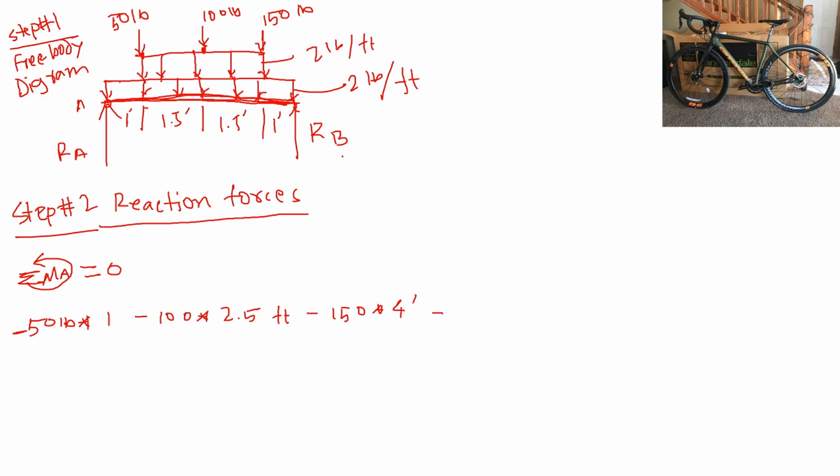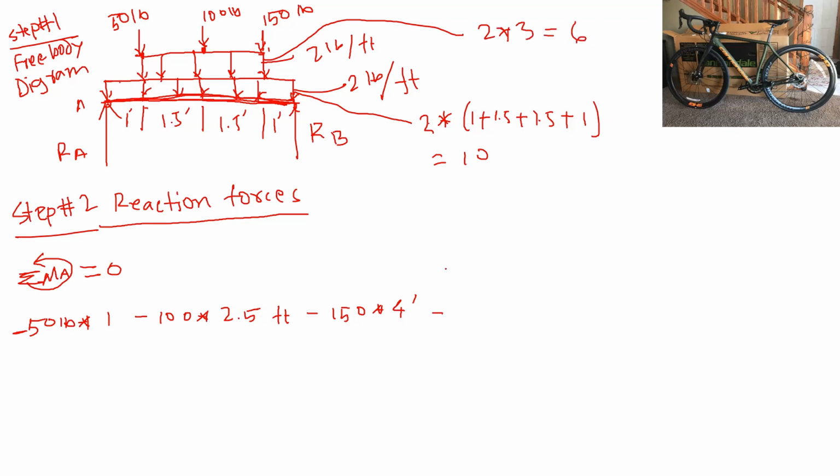So 2 times the total, which is 1 plus 1.5 plus 1.5 plus 1, which is 10. And this uniform load would be 2 times 3, which is 6.